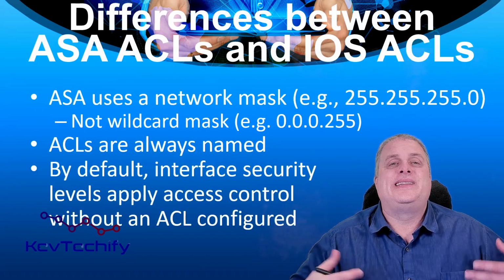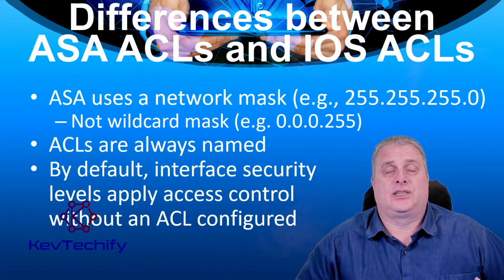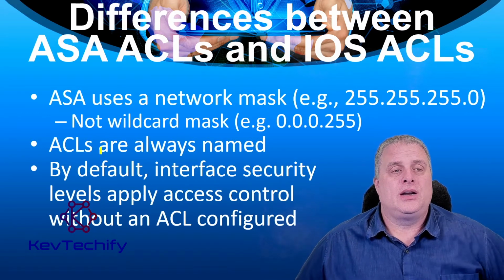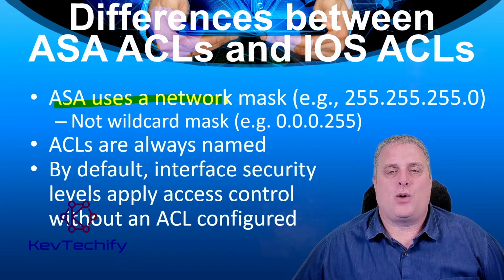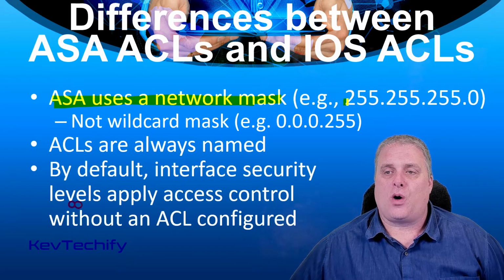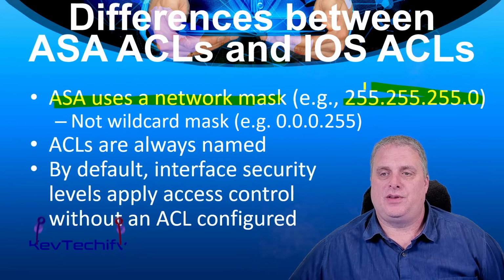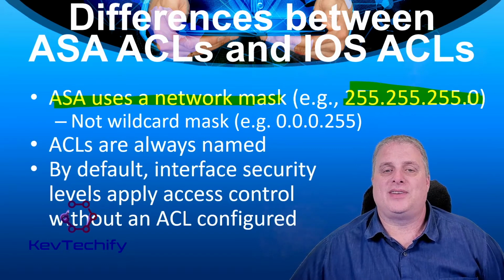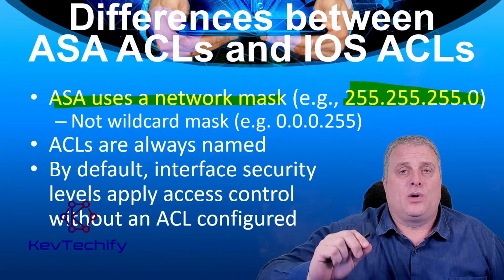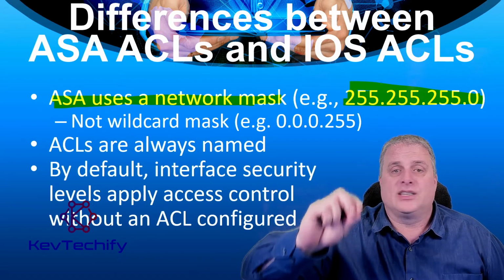There are a handful of differences between an ASA access control list and an iOS access control list. One of the big ones here is the ASA uses a network mask. So it uses our normal network mask, starting with all ones followed by zeros, so 255.255.255.0. If you remember, on the iOS, on a router, it doesn't use a subnet mask.